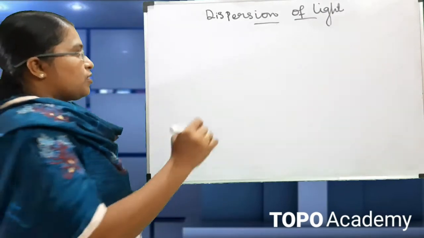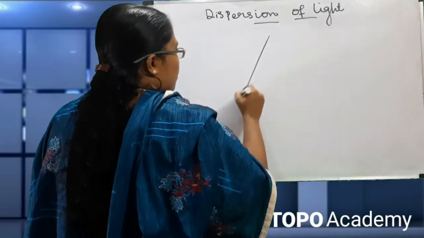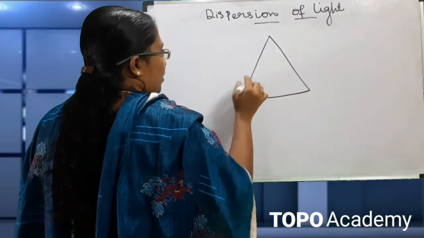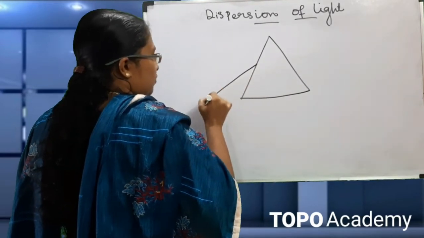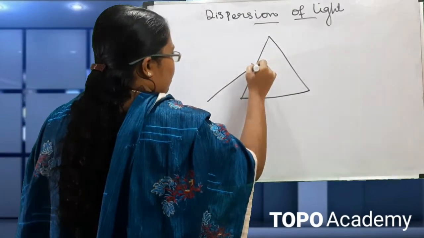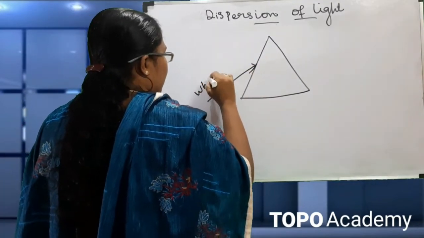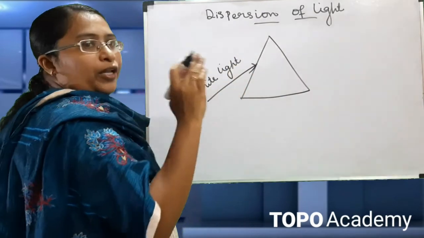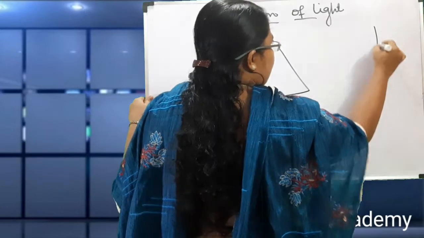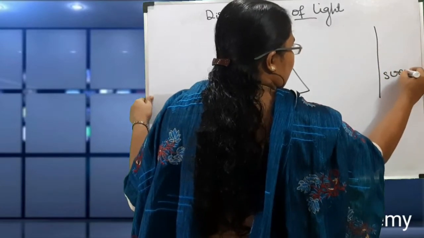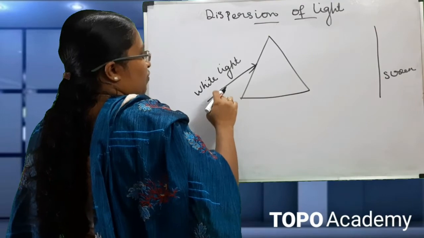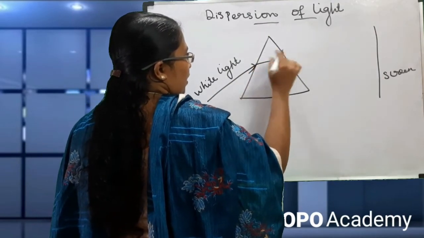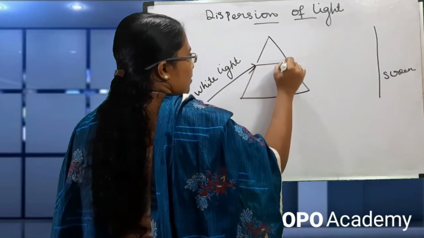So he took a glass prism and he passed white light through the glass prism. This is the white light. And he got all the colors on a white screen. This is a screen. When white light enters the glass prism, it will split into 7 colors.